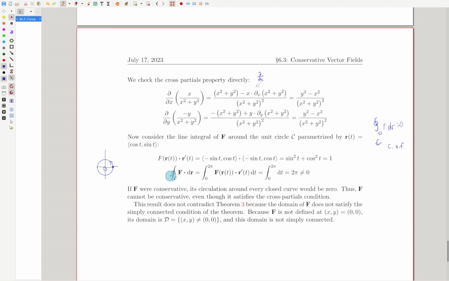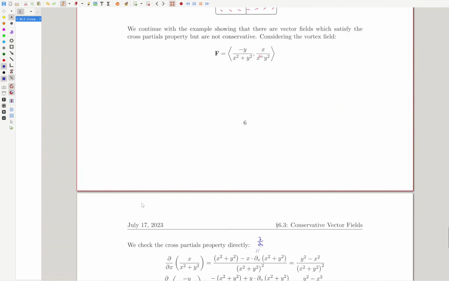And then we compute the line integral explicitly using the parameterization. So when you plug things in, plugging into f, that's a little bit of a calculation.